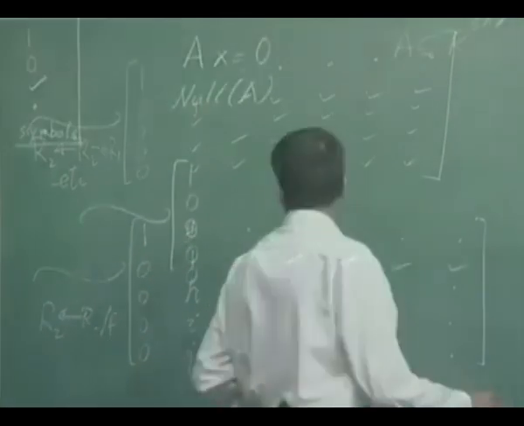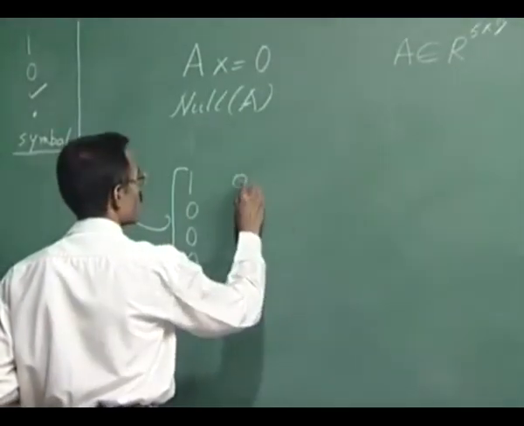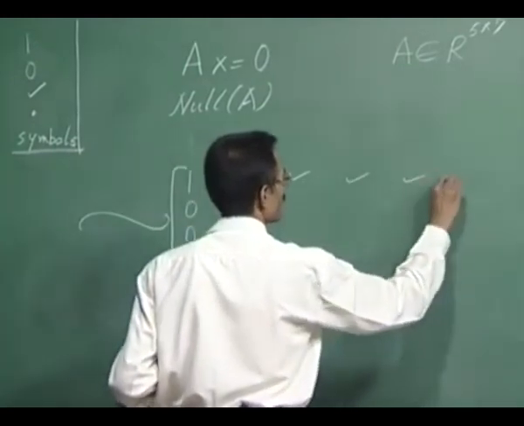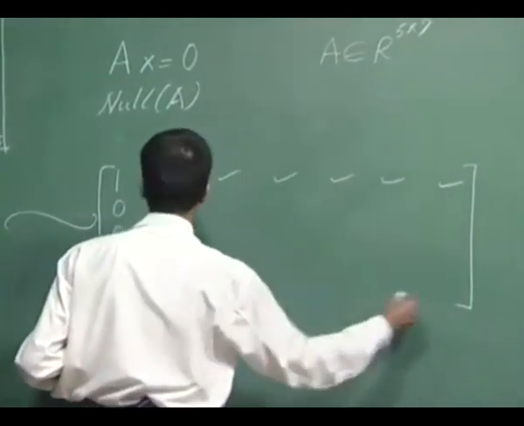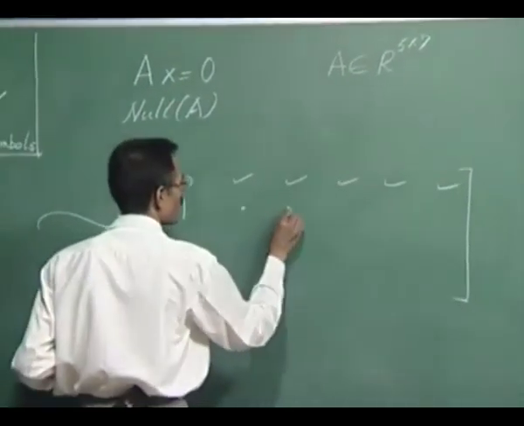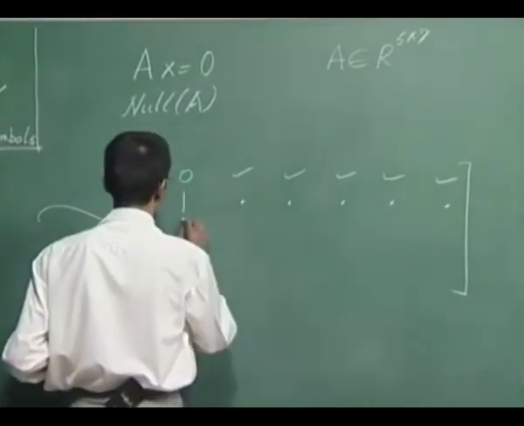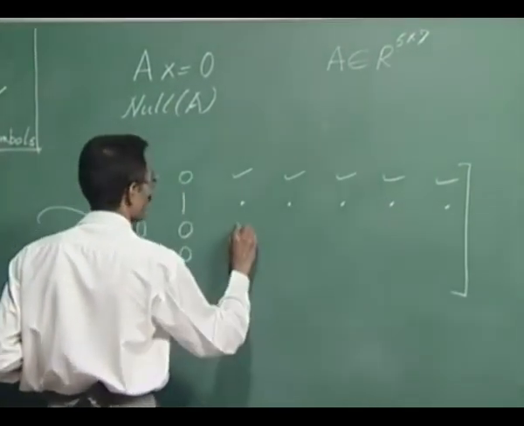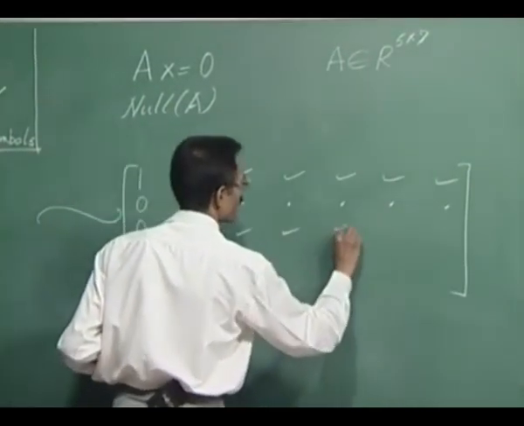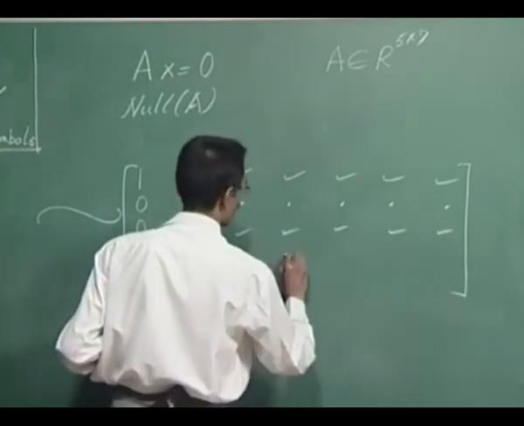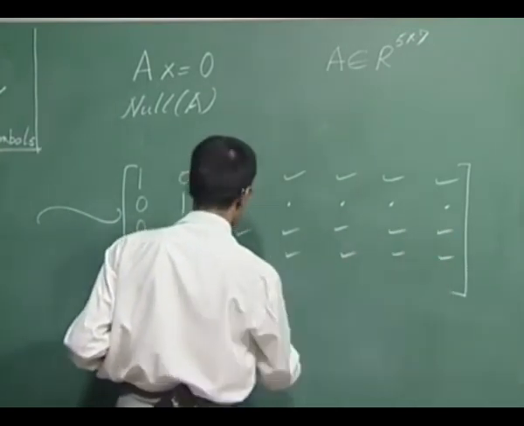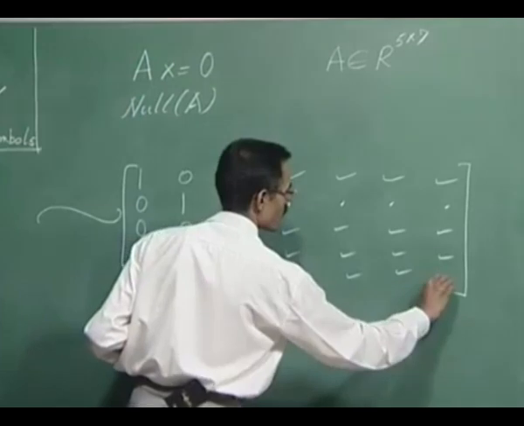Okay. So, we will have 0, then certain changed entries. This will remain unchanged in this step. These will change. Right.